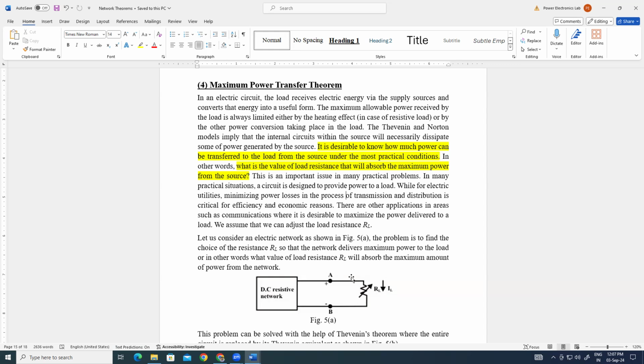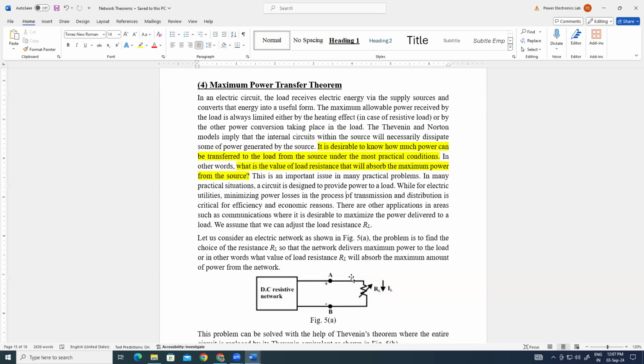How much power is being transferred from source to load will be decided by the maximum power transfer theorem, and we can identify the condition for the maximum power transfer between source and load.